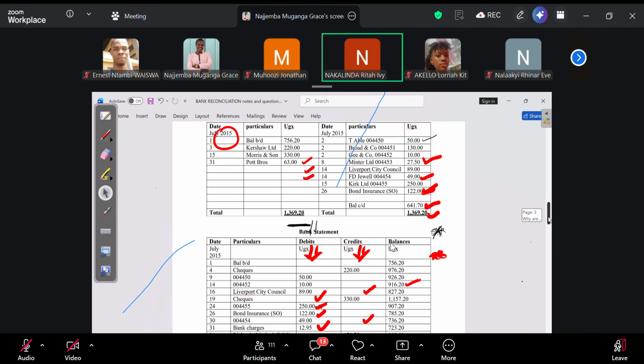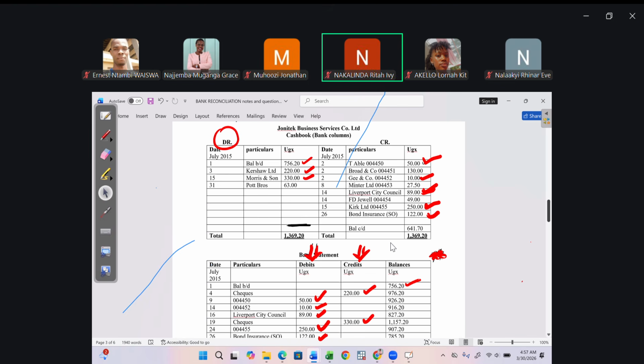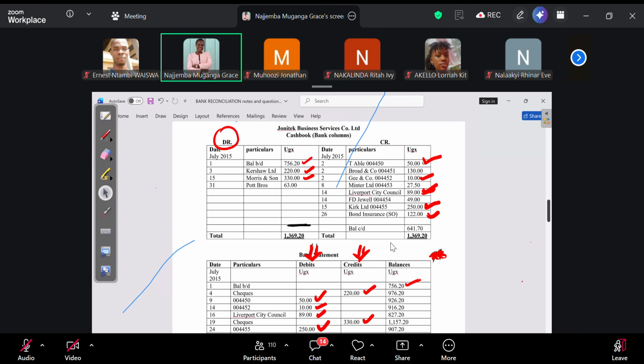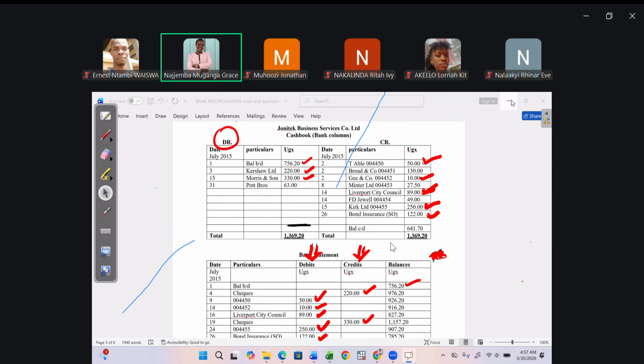No. We don't have. Credit. Do we have direct credits? We also don't have any direct credits, right? Okay. We don't have any errors. This was very simple. We don't even have any errors.